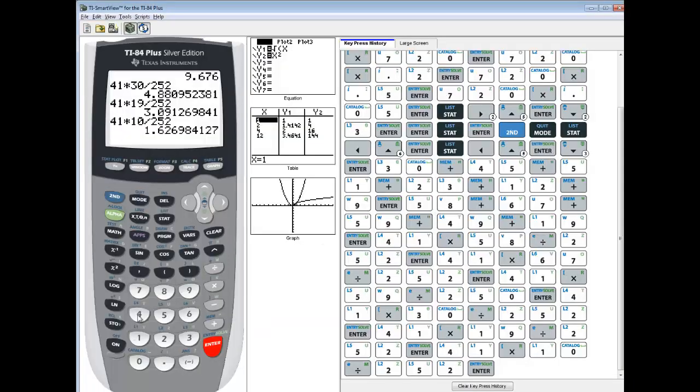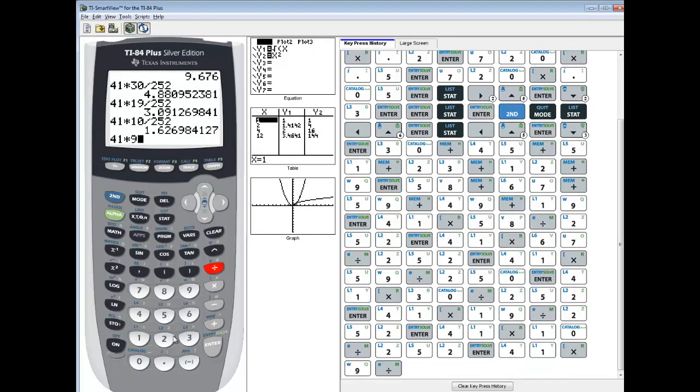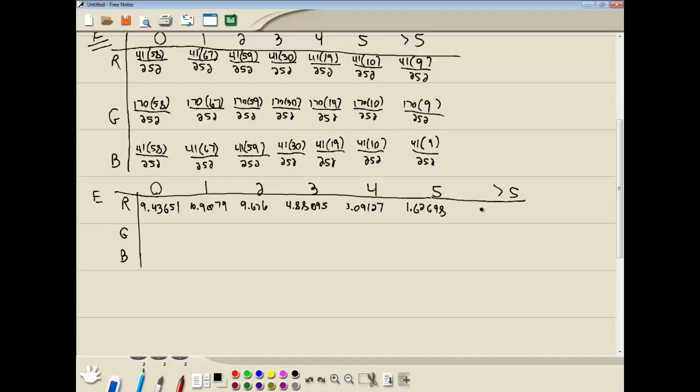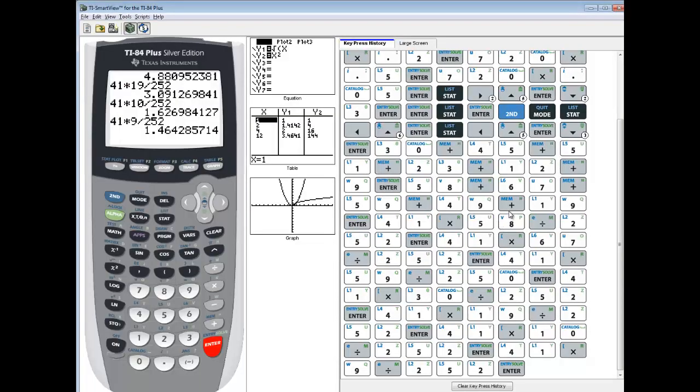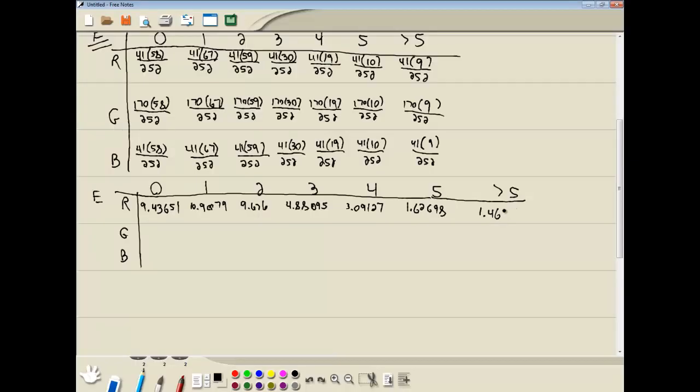And then greater than 5. We'll have 41 times 9, divided by 252. 1.46429. Now, a nice part about it is since this was also 41, these values would be the same.